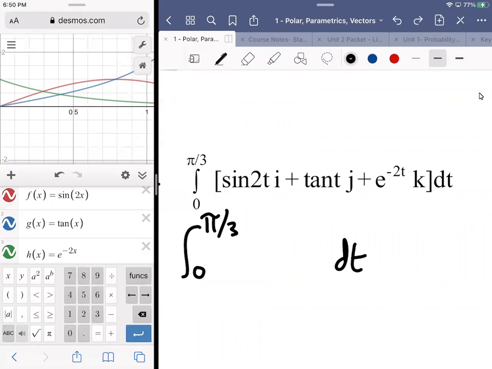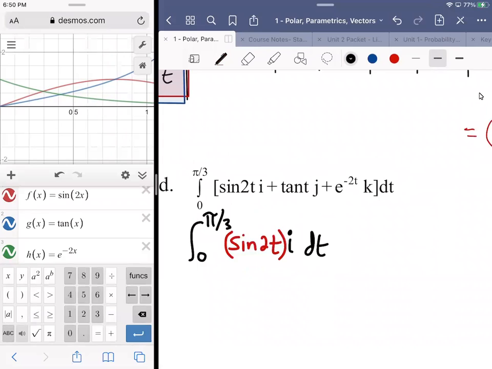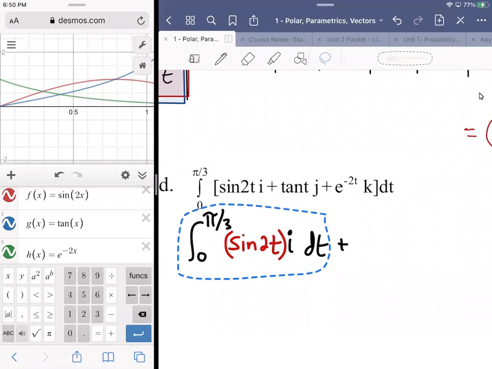Let me go, sine of 2t, and this is the I vector. Okay. Then we would do the same thing, but for tangent and for the j component. So a little bit of copy pasting.